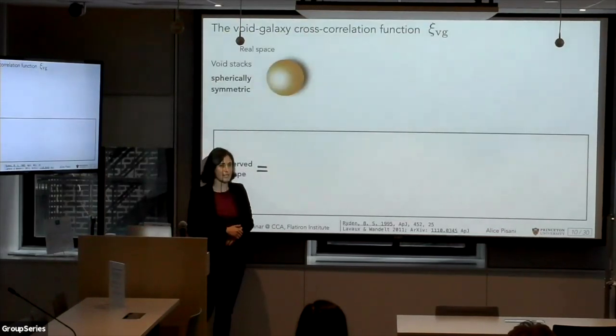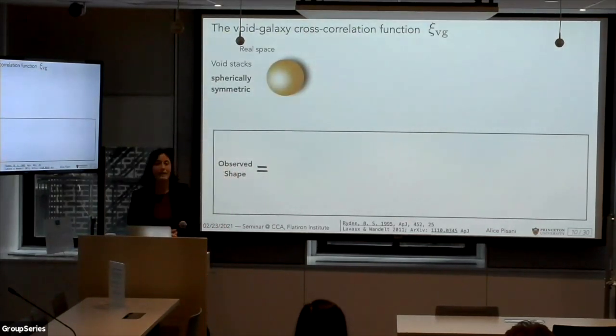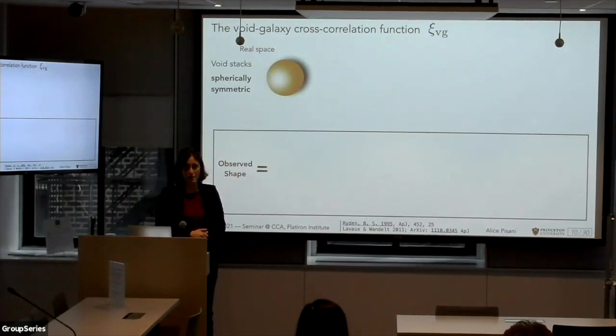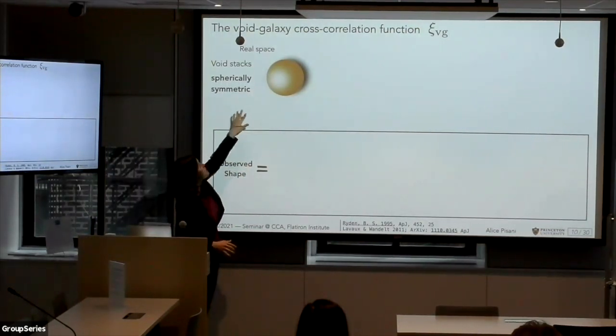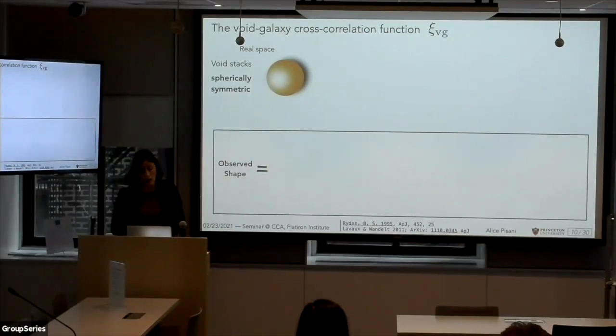When we look at voids in data analysis, basically, those voids have very different shapes. But in order to use them as a cosmological tool, we're going to stack those voids in order to have an object that, on average, in real space is spherically symmetric. Unfortunately, we do not have access to the real space shape.